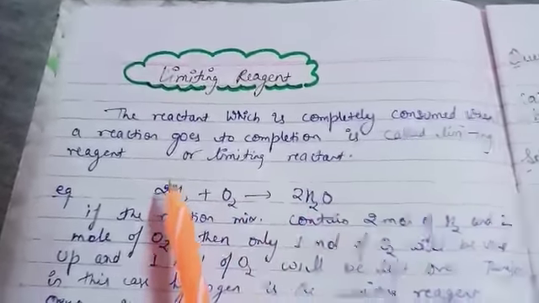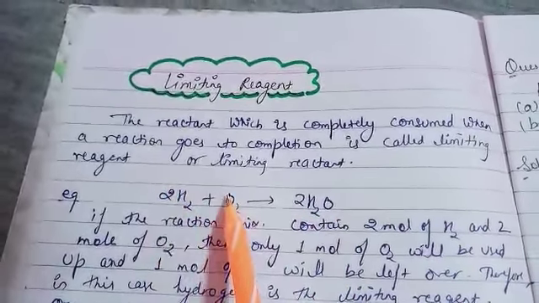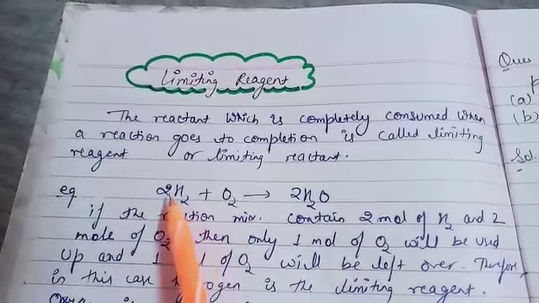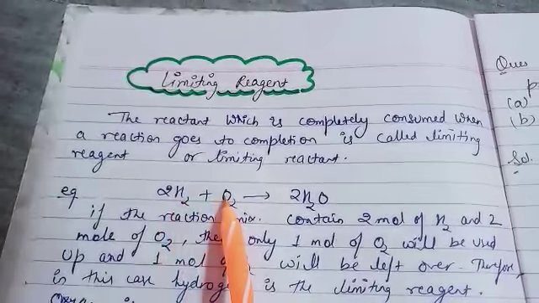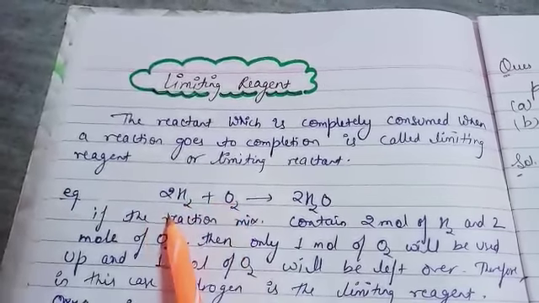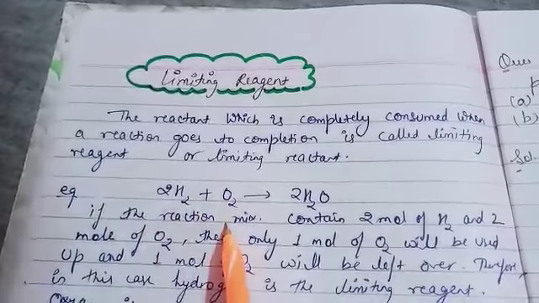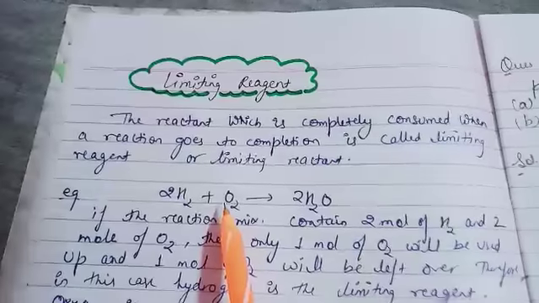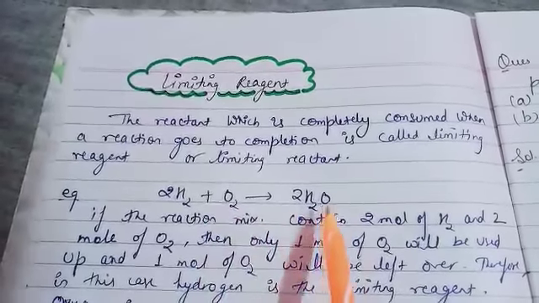It means here the ratio is 2:1. Means when 2 moles of hydrogen react, it requires only 1 mole of oxygen to give 2H2O.